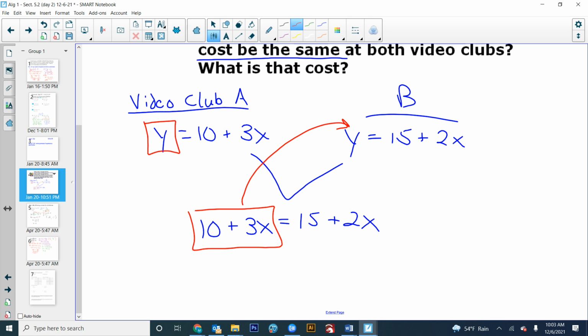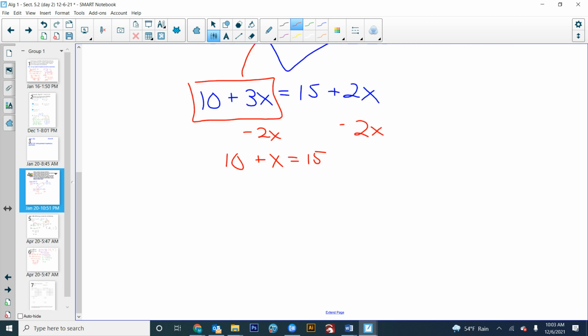Awesome. I'm going to get rid of the smaller x. 10 plus x equals 15. Subtract 10. X equals 5. And what would the units be? 5 movies.